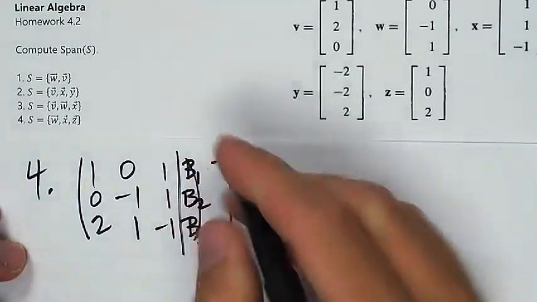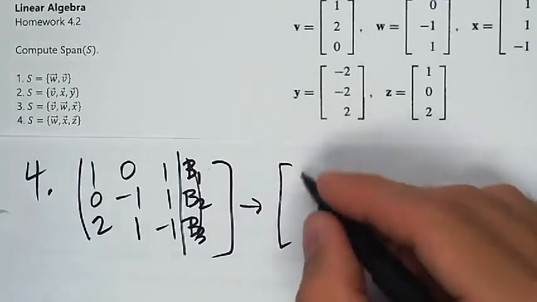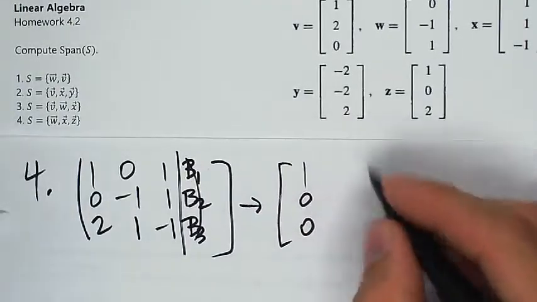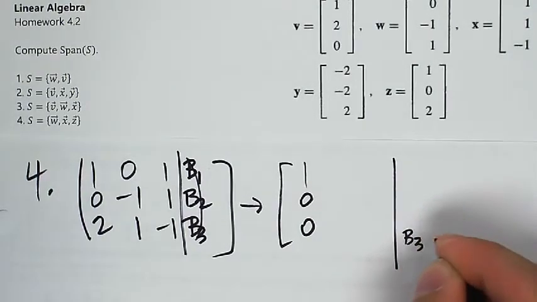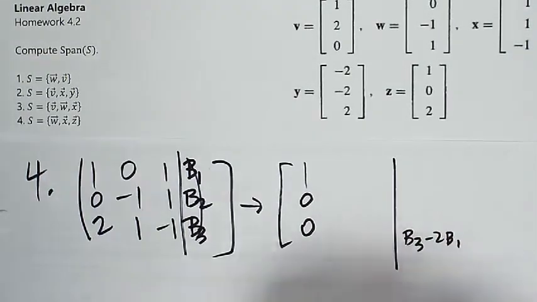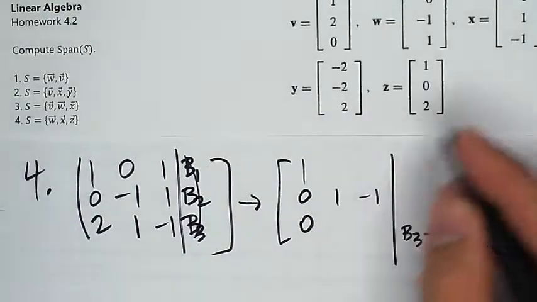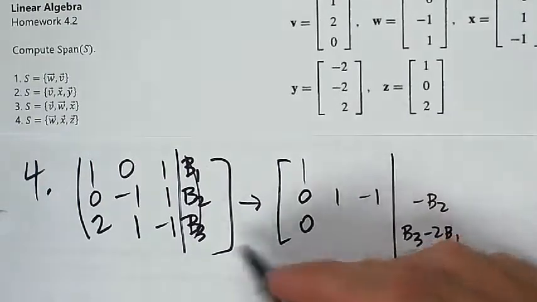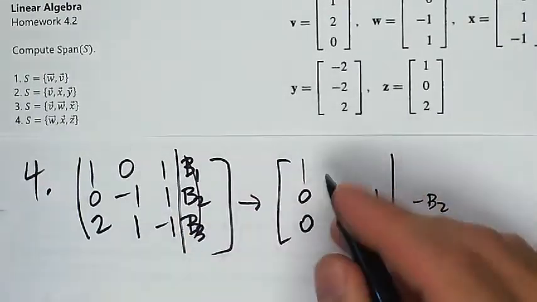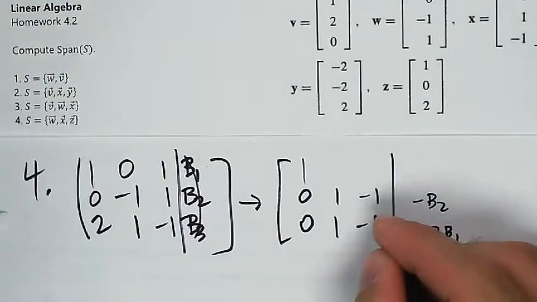Whoops. Now I'm going to reduce. All right. Subtract 2 row 1s from row 3. I might also make that a positive 1 and a negative 1. Call that negative b2. Okay, if I subtract 2 zeros here, that would still be 1. If I subtract 2, that will be negative 3.